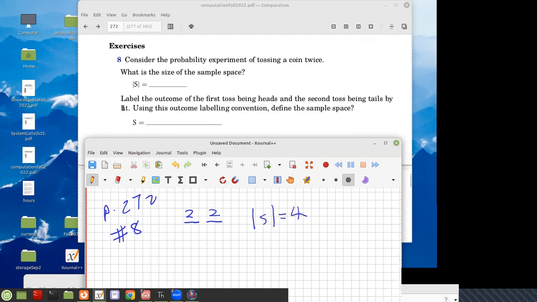Now, if we label the events with the 2 letters, then the sample space itself is going to equal, there's a representation of the 4 outcomes that compose the sample space, and it has 4 outcomes.